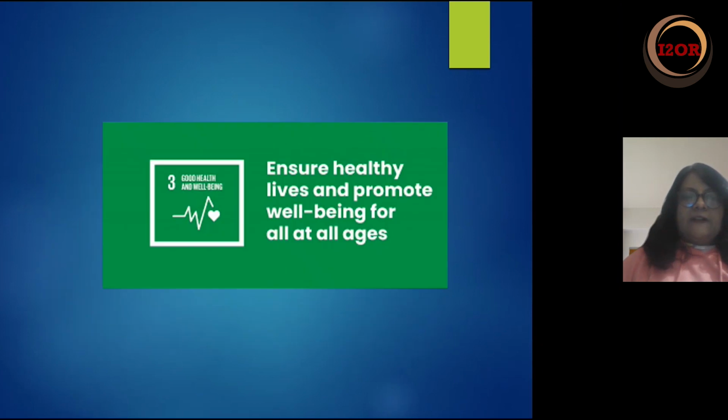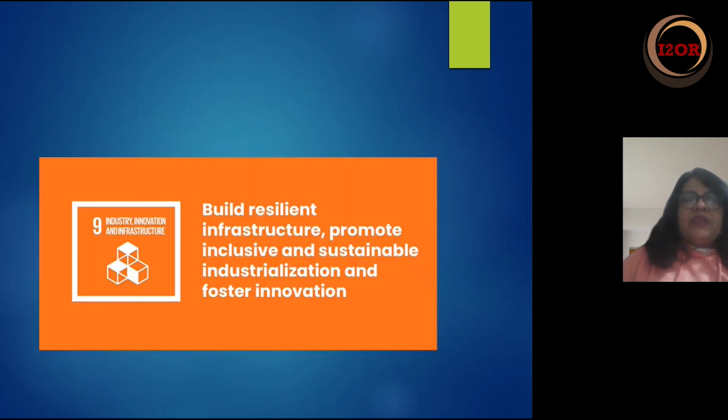Second thing, as I've already said, ensure healthy lives and promote well-being for all at all ages. So we are working with different plant species which have nutraceutical importance as well. So it also ensures healthy life and promotes the well-being of all ages.